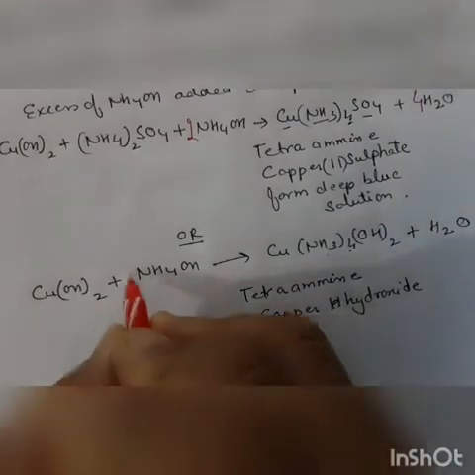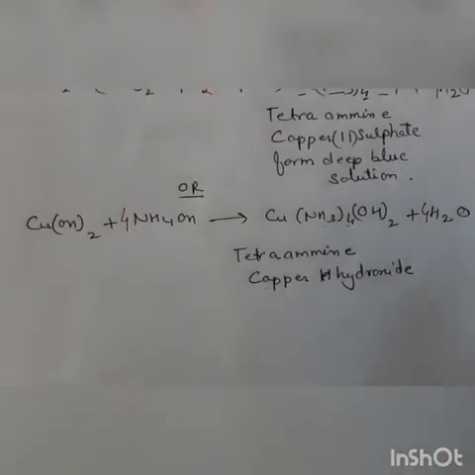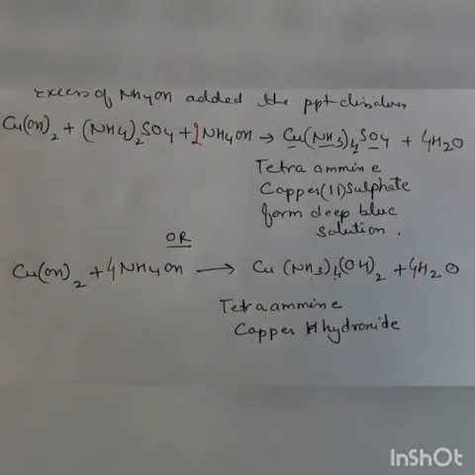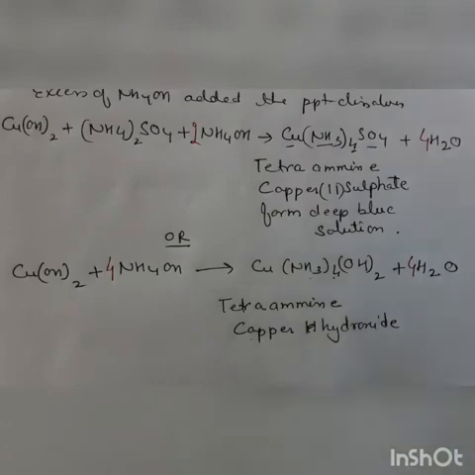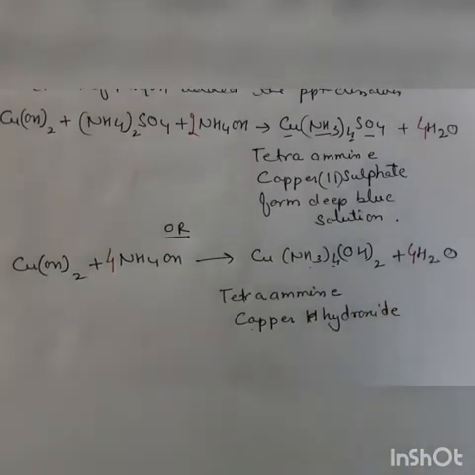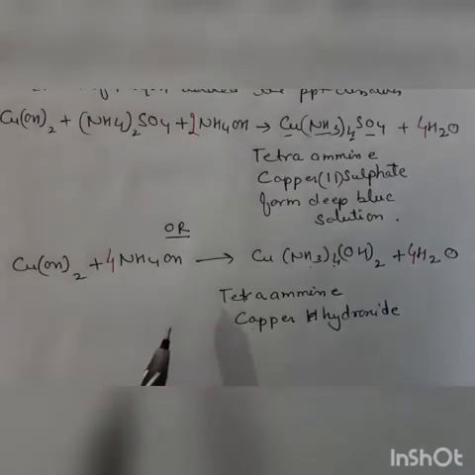I will balance the equation here. Understood? Now this reaction is a characteristic property of copper ions and is used for its detection in qualitative analysis. I'm repeating again, this reaction is a characteristic property of copper ions and it is used for its detection in qualitative analysis.